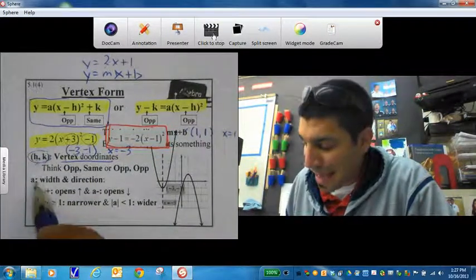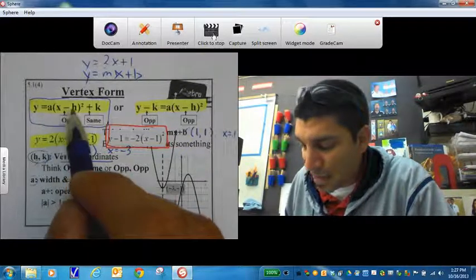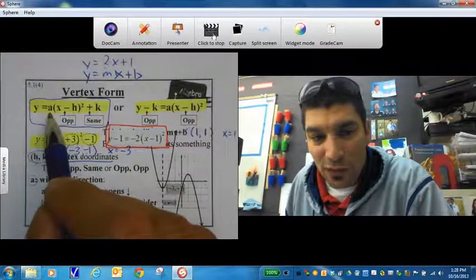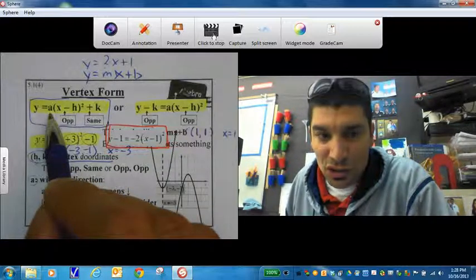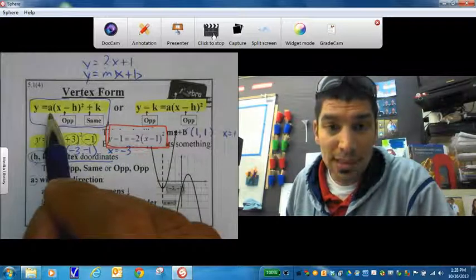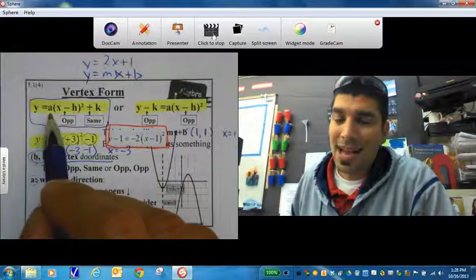It's the A. Remember this formula, how we know what the H and the K now, those are our vertex. The number that's in front of your squared term is your A. That basically tells you two things: how wide or narrow your parabola is, and it also tells you whether it opens upward or downward.